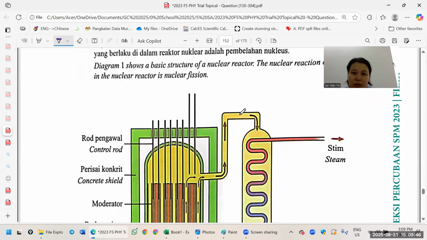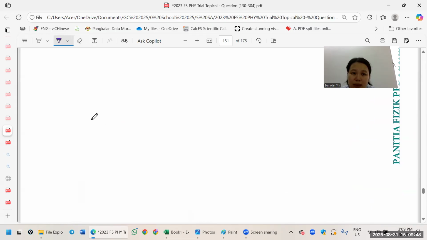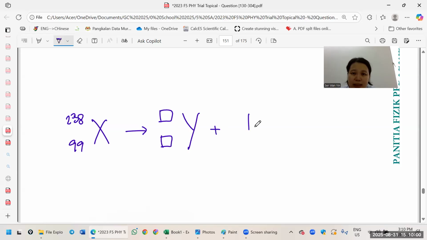So I think you all know how to, let's say X, 238 99, let's say that it will become Y plus 1 alpha. You know how to solve this, right? So first of all, we change alpha to helium-4 2. So then, what is this?